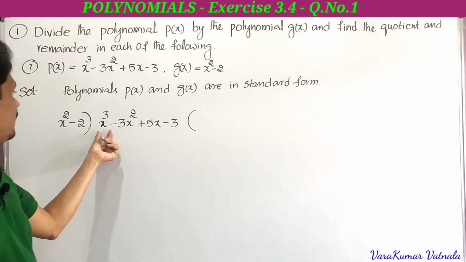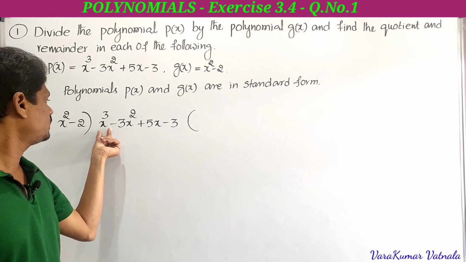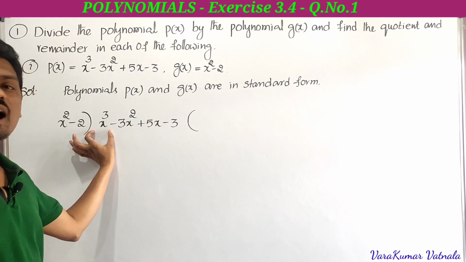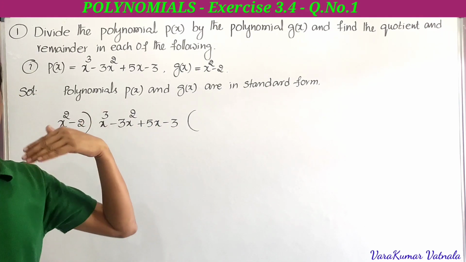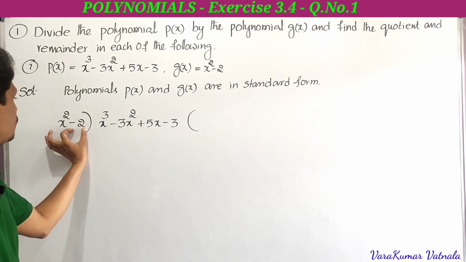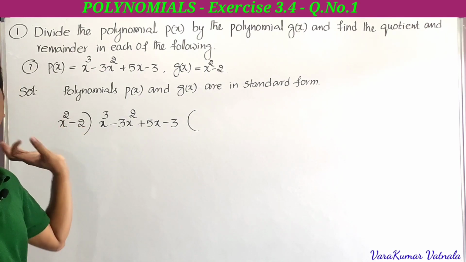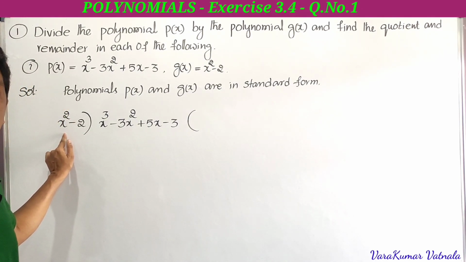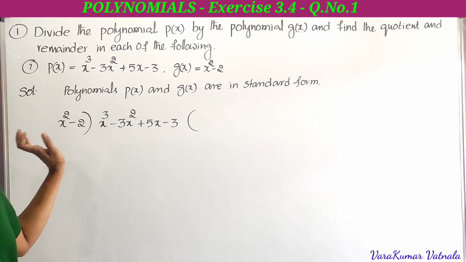In the dividend, p of x, there are totally 1, 2, 3, 4 terms. This is the highest degree term, or the first term. In the divisor there are only two terms, x square and minus 2. Here x square is the highest degree term, or the first term of the divisor.